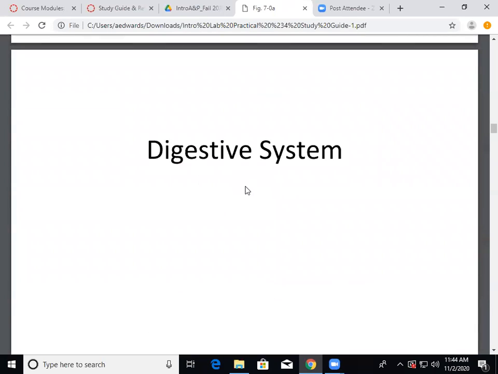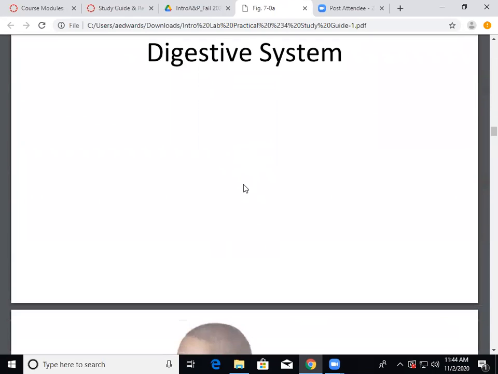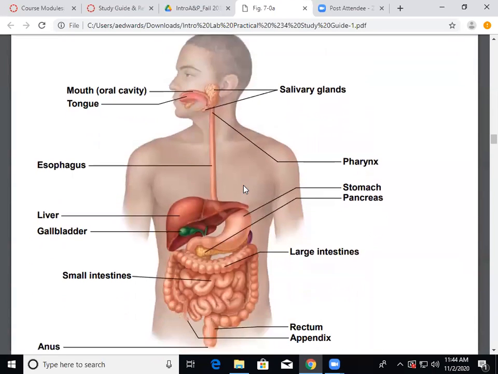All right. So we're also going to look at the digestive system today. Just like we had to know organs in the respiratory system, we also have to know organs in the digestive system. So obviously, food typically enters your digestive system through your mouth. It is considered a digestive organ.